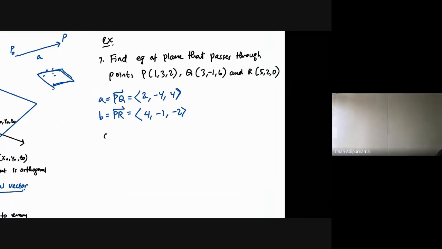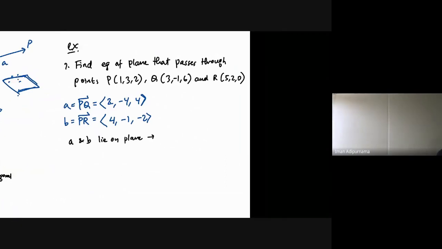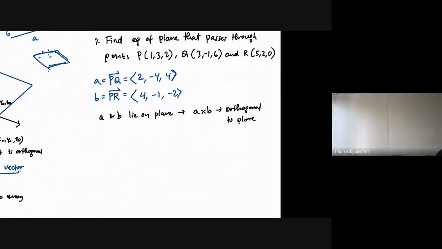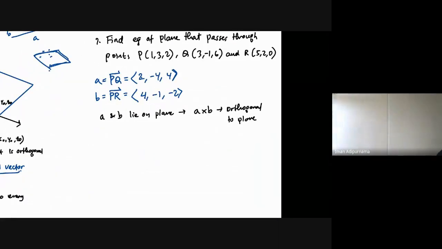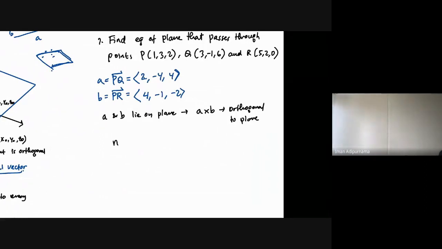Because A and B lie on the plane, we have A cross B that is orthogonal to the plane, right? So let's find A cross B, and that becomes our normal vector. So the normal vector is equal to A cross B.